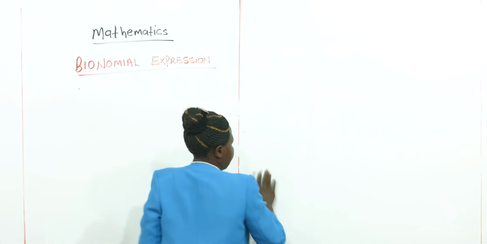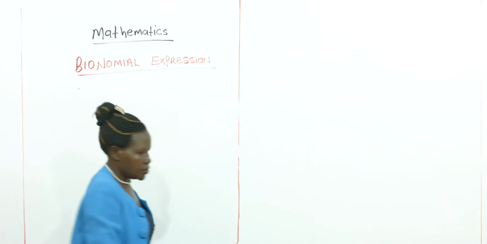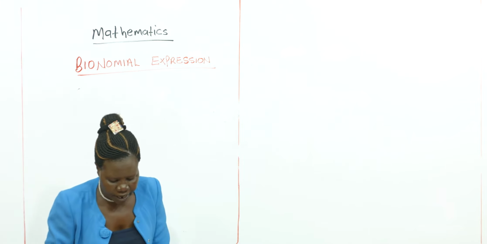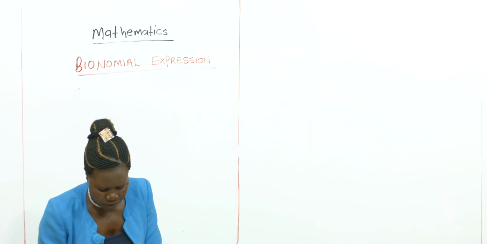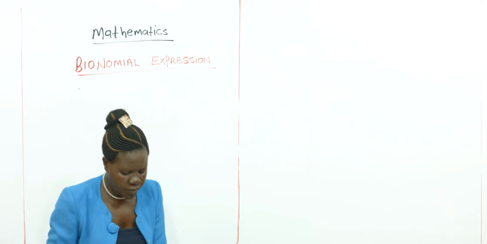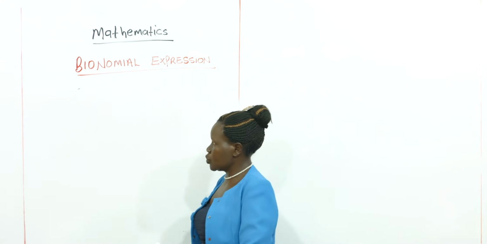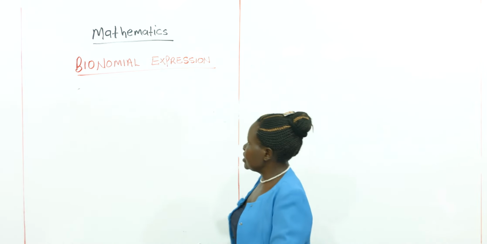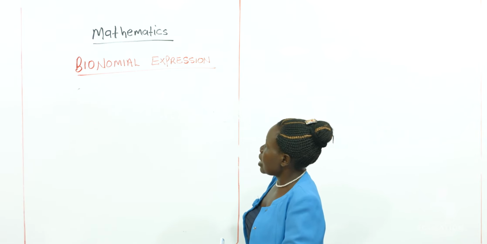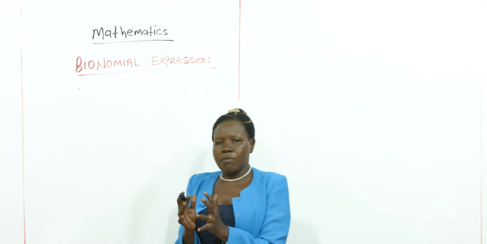So now, my dear learners, we are moving to the second part of binomial expression. Remember, we said when we are looking at binomial, bi means 2, and it is containing the components of binomial.